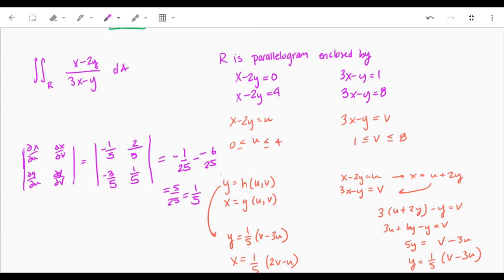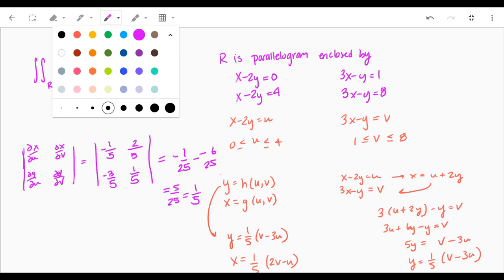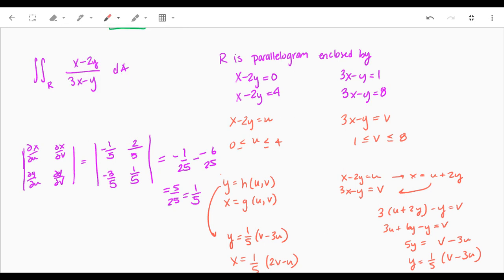All right, we are almost ready to roll here. Now here's the super nice thing. In our integral, x minus 2y over 3x minus y is just u over v. They made that really nice for us. So we're doing the integral of u over v, and then we have the 1/5 from the Jacobian, which I'm going to put out front since it's a constant, and then du dv.